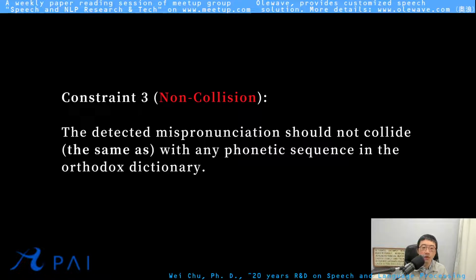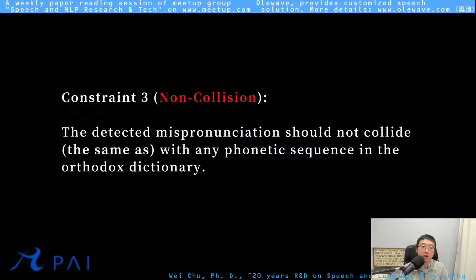Okay, but you can say, in this way you reject real mispronunciations from being included into the dictionary. I say yes, but the purpose of this constraint is just showing that with this constraint, I think this is almost the first time people can get better recognition results by adding mispronunciation into the dictionary.